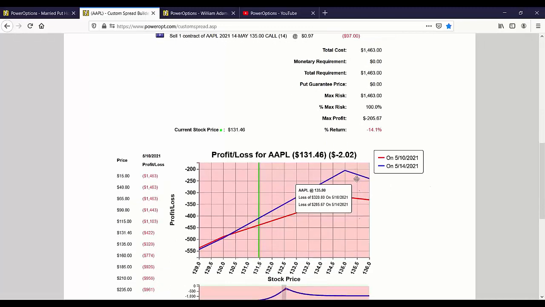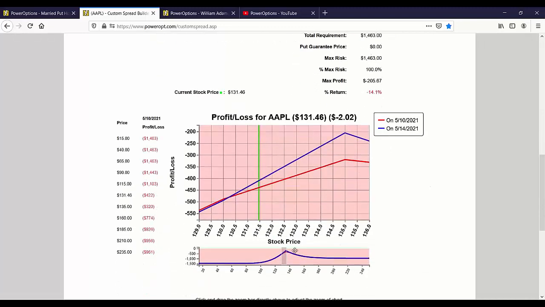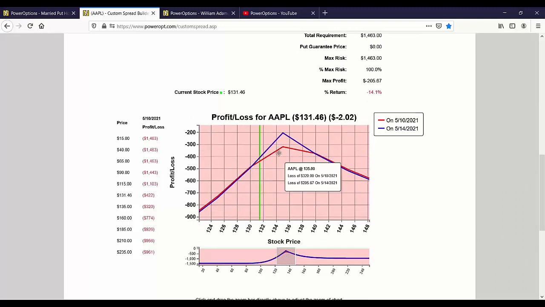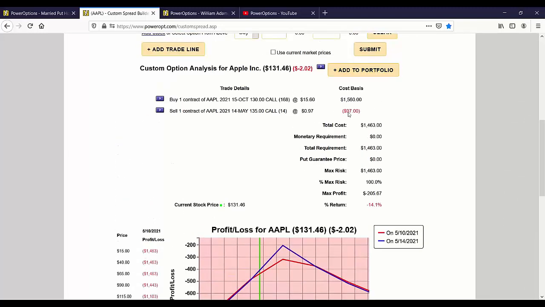I apologize, Eric. This is not a good calendar at all, or poor man's covered call. It's not giving us as much premium in this case. It is going to hedge against theta, but the idea is that if I'm doing it every 14 days and I stay in this position for another 80, 90, 100 days, we can write it 7, 8, 9 times.